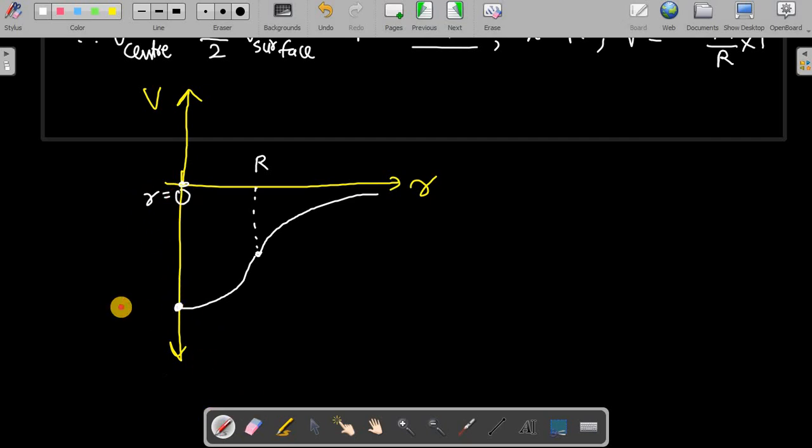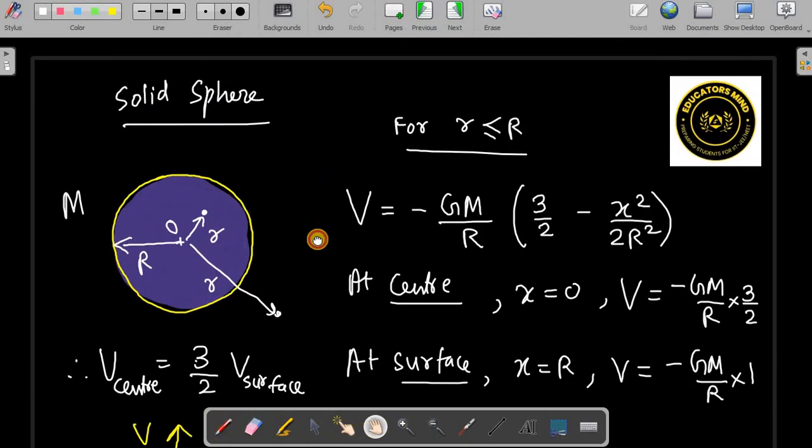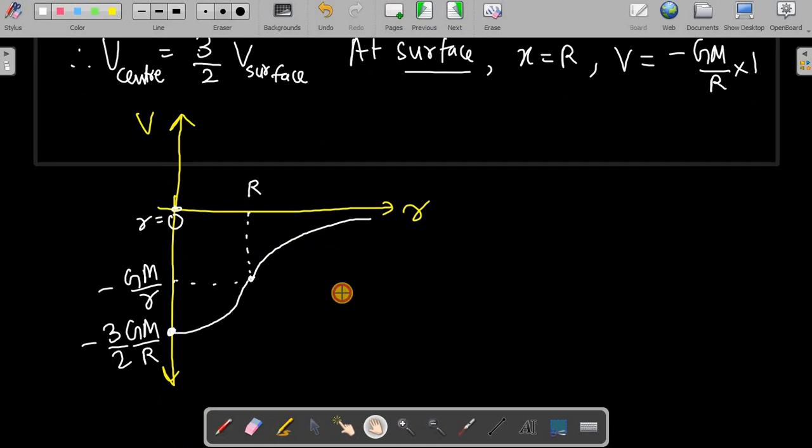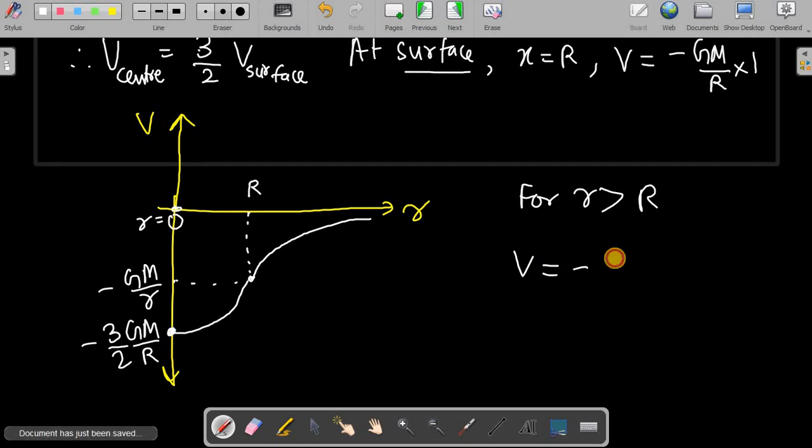So here it is minus 3 by 2 GM by R. At the surface, the potential is minus GM by R. But after the surface, that means for r greater than R, it is the same as a point mass, minus GM by r. So this is the potential variation.